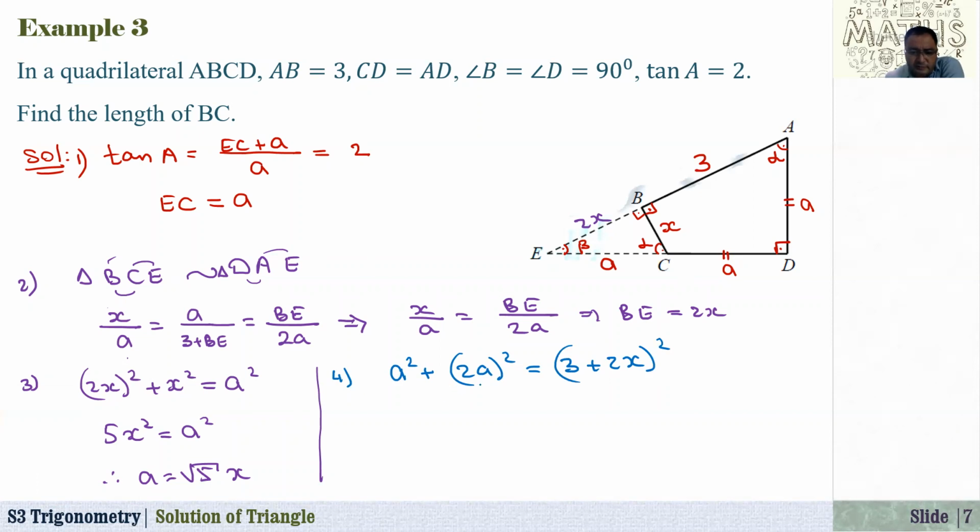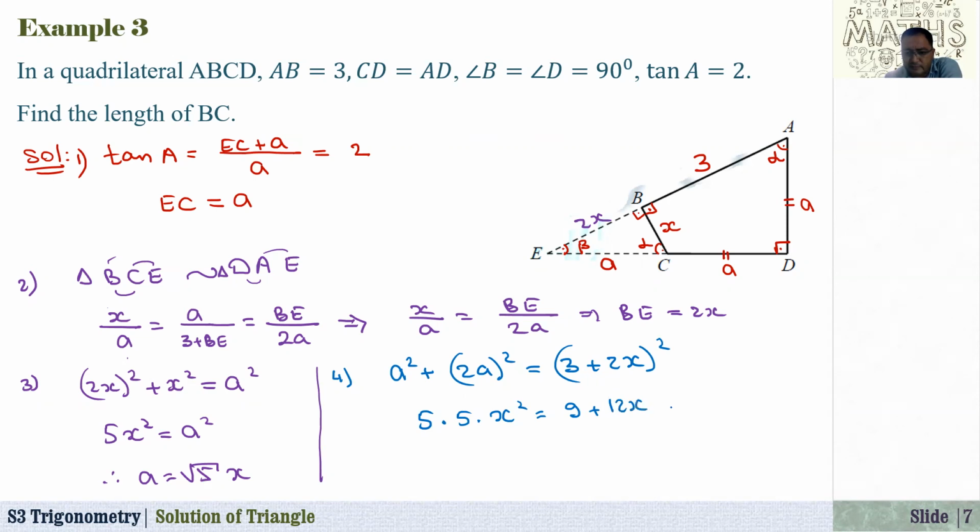On the left hand side we have 5 times a squared, and a squared is square root of 5 times x, squared, that is 5x squared. On the right hand side, we have 9 plus 2 times 3 times 2x, which is 12x.